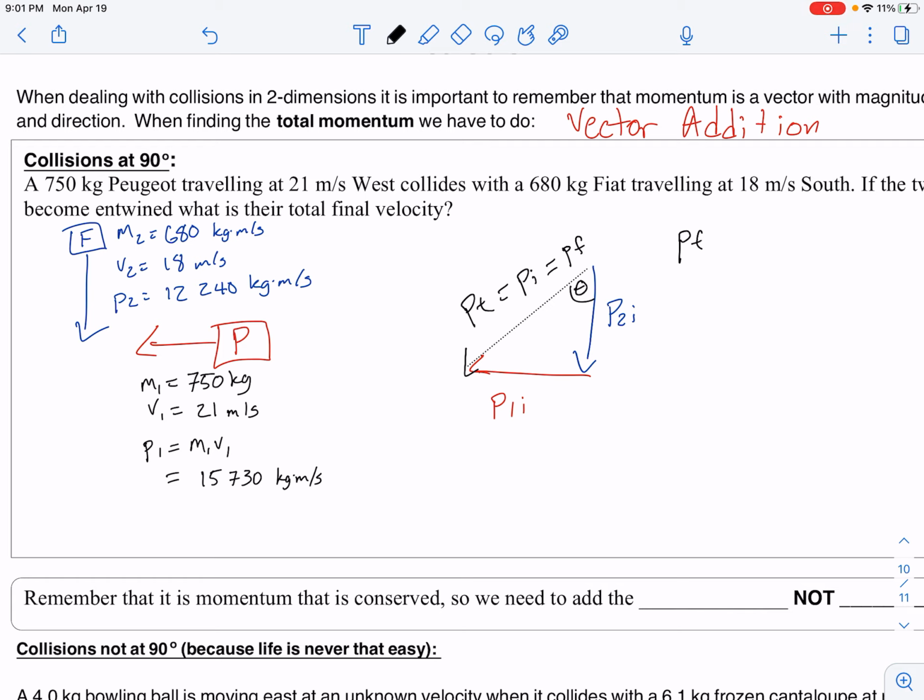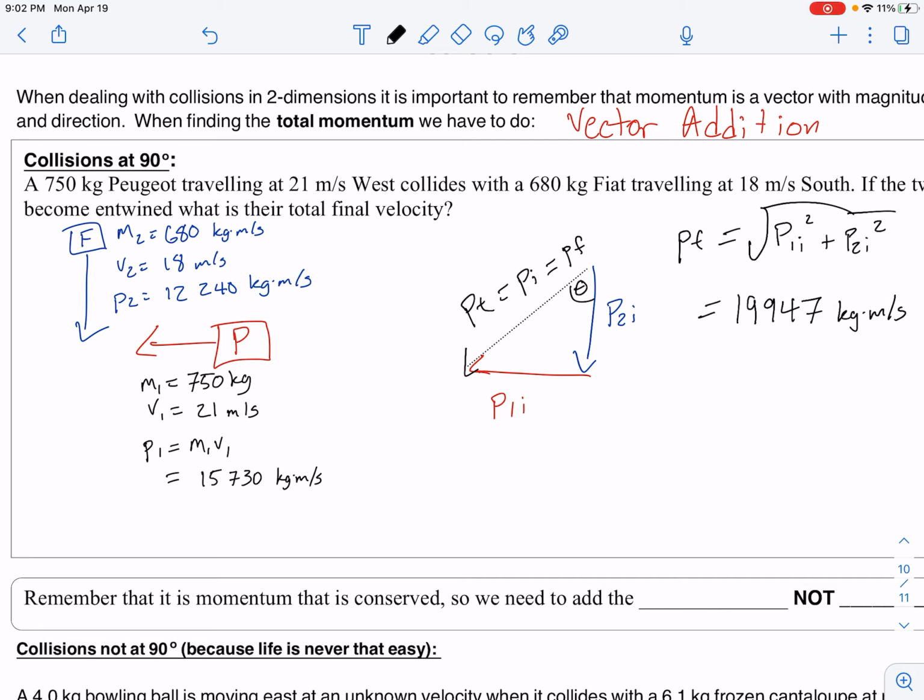So our total momentum is going to be equal to the square root of our initial momentum here squared plus our initial momentum here squared. And then plug in all our numbers, do the math. We're going to get roughly 20,000 kilograms meters per second. It's just under, so about 19,947 kilograms meters per second.